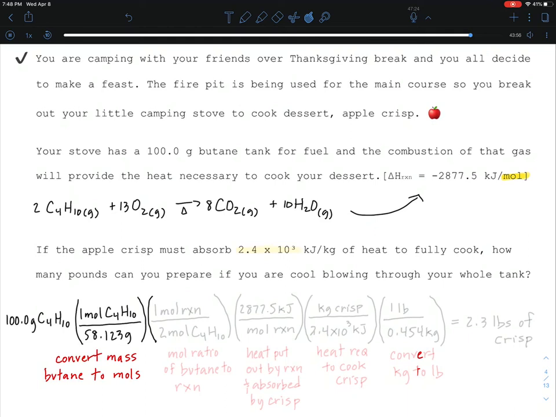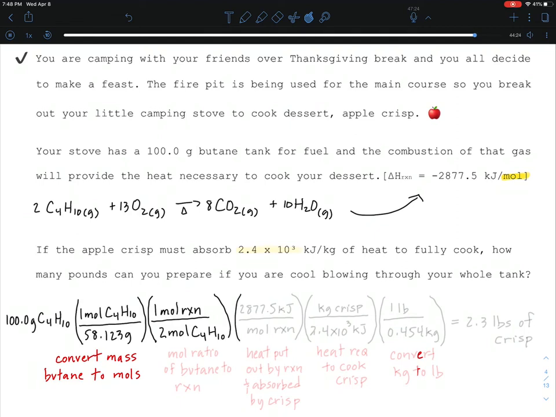So I know that my balanced equation says that 1 mole of that reaction is going to require 2 moles of butane. And the reason I care about that is because the enthalpy of the reaction that I'm given is per mole of reaction. So see that negative 2,877.5 kilojoules, that's per mole.